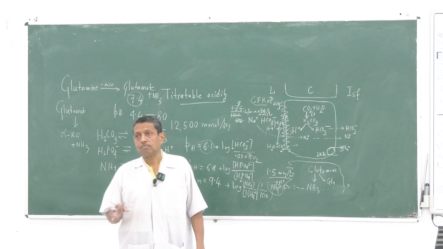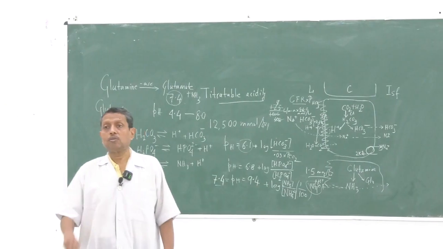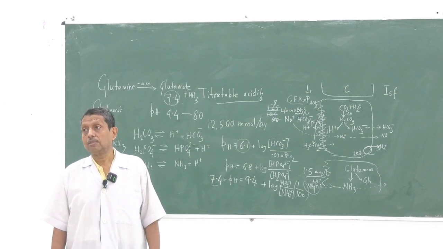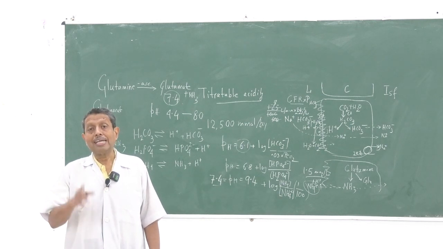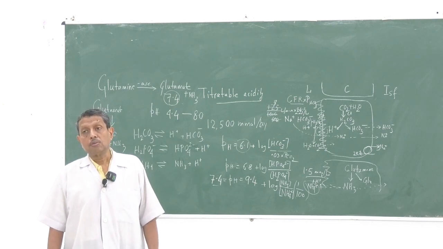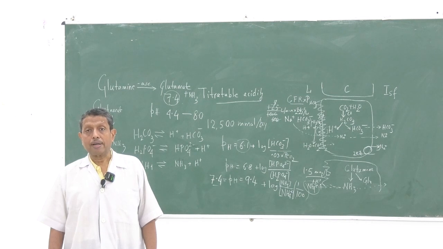Another utility of the ammonia buffer is that it is subjected to adaptation. Whenever there is acidosis due to any reason, the liver produces more glutamine, and there is adaptation. In this way it can contribute to a much greater extent than the phosphate buffer and bicarbonate buffer.